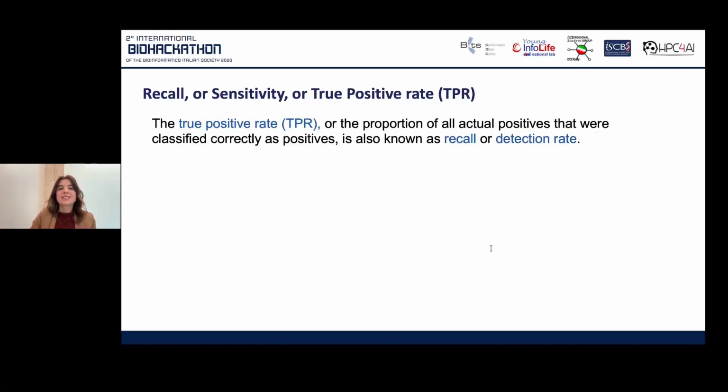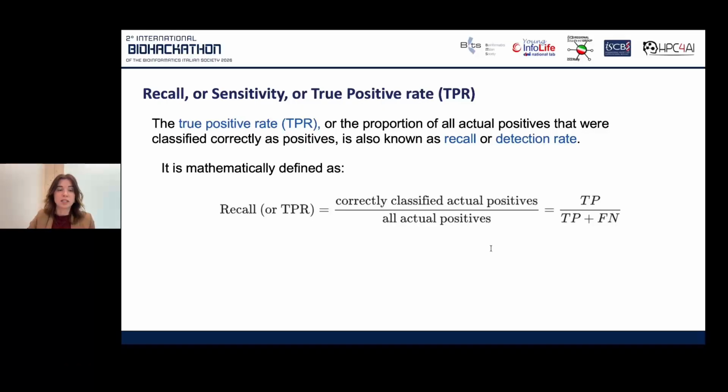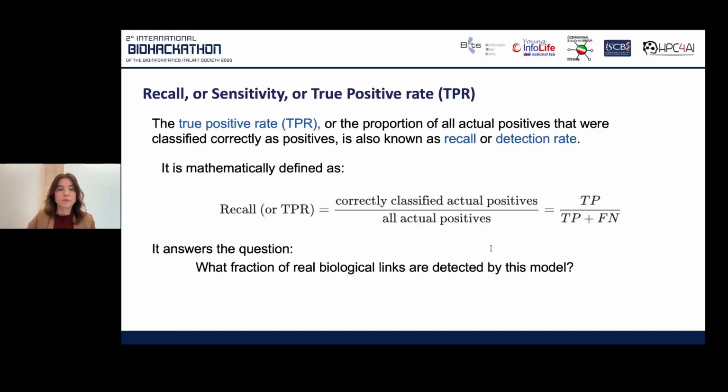So let's introduce another type of metric, which is recall, also known as sensitivity or true positive rate, which is the proportion of all actual positives that were classified correctly as positives. It's also defined mathematically as the ratio between the correctly classified actual positives and all actual positives.